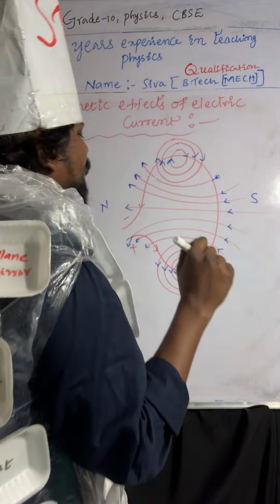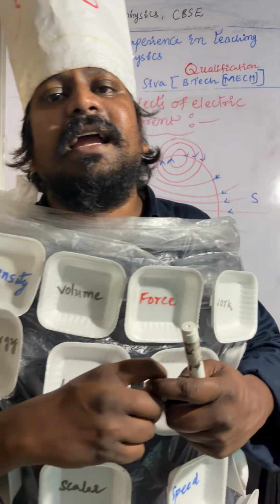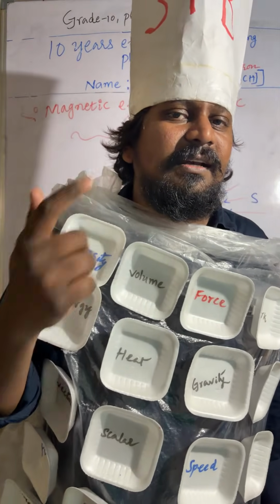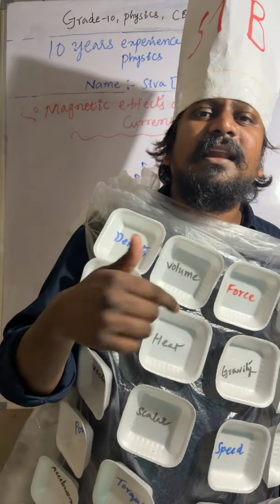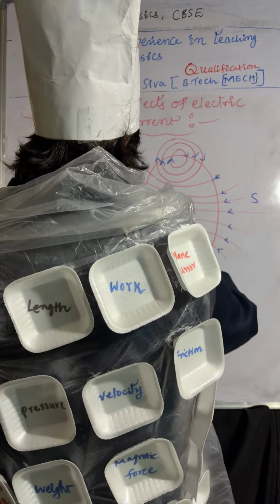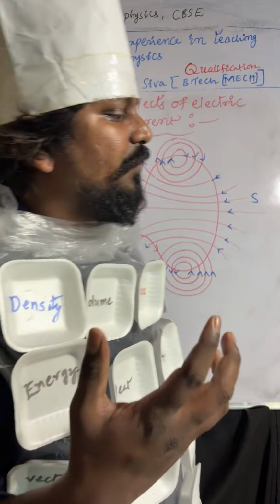So north and south, see. By using the right hand thumb rule, we can identify the current. By using right hand thumb rule, we can identify the magnetic field direction. As you move towards the center, exactly at the center, the magnetic field will be uniform.